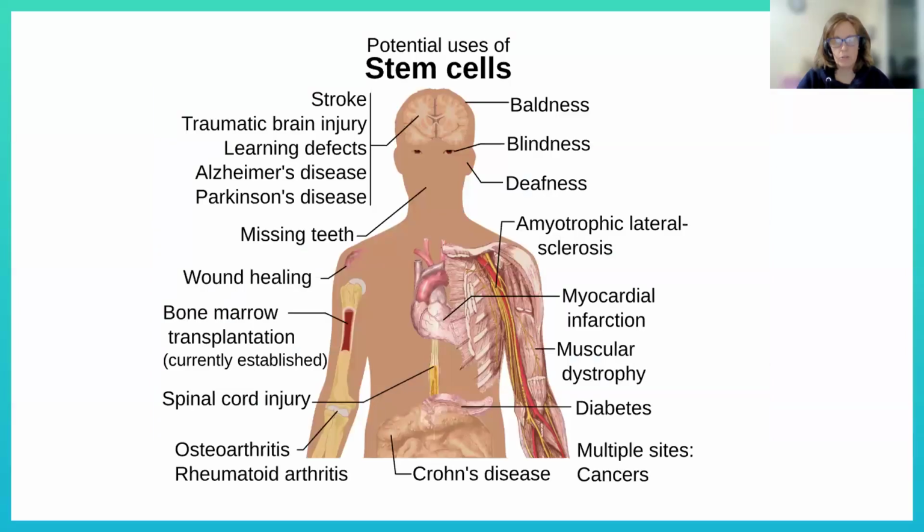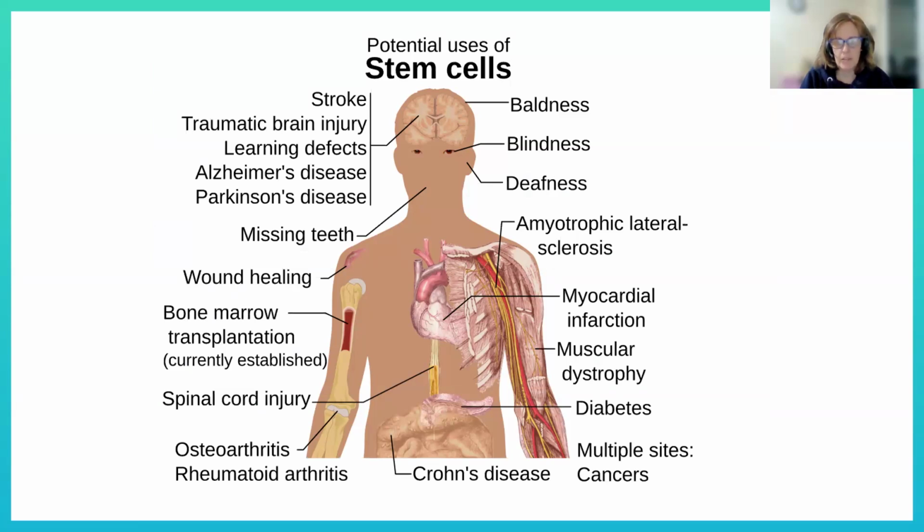And why are we so interested in this? Well, yes, we could potentially cure baldness, which is kind of up there on the top right, which is a little bit superficial, but like blindness, deafness, heart attack problems, muscular dystrophy, diabetes, cancer, Crohn's, you know, these are some serious injuries and diseases that we could heal potentially with stem cells.